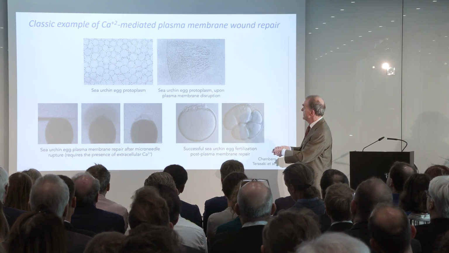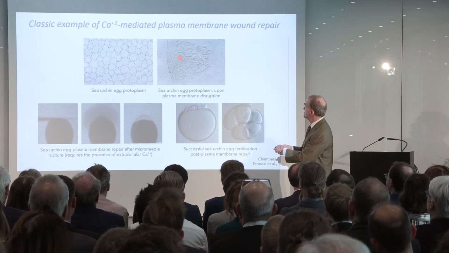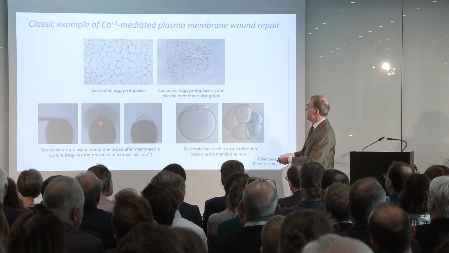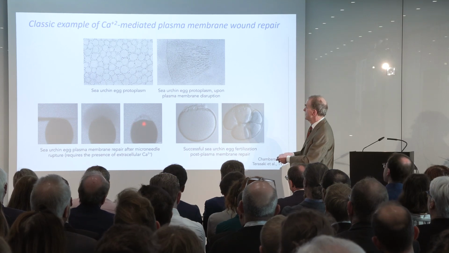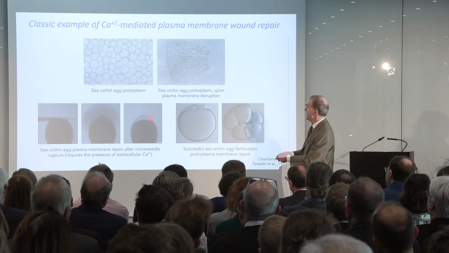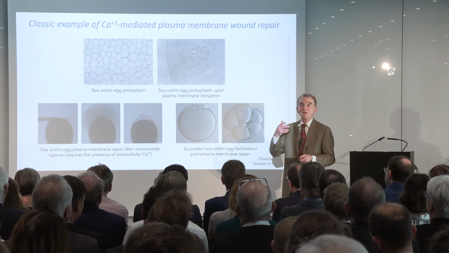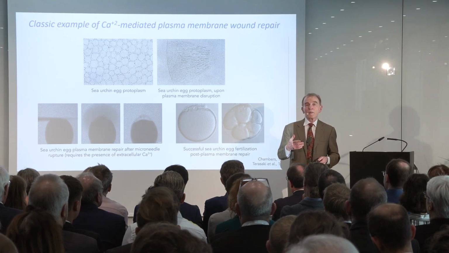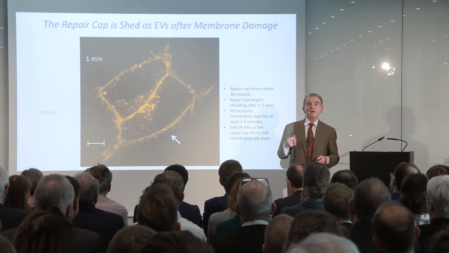If you treat sea urchin eggs under rupturing conditions, you can see a streaming of cytoplasm out of these cells, and visualized alternatively, you can see by poking a needle into the plasma membrane a burst of cytoplasmic content followed within minutes by closure of the rupture, to the point where this ruptured egg can actually go on, be fertilized, and develop into a sea urchin. So there's an enormous process of damage repair. This has been studied over many years, principally by an investigator in the US by the name of Norma Andrews.